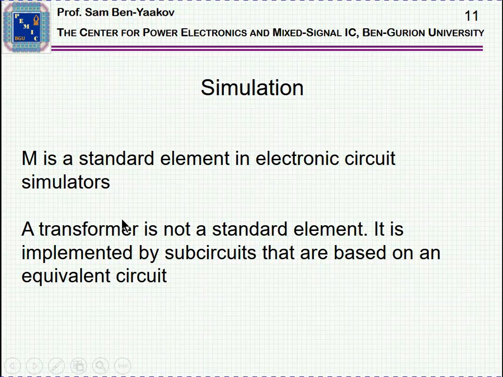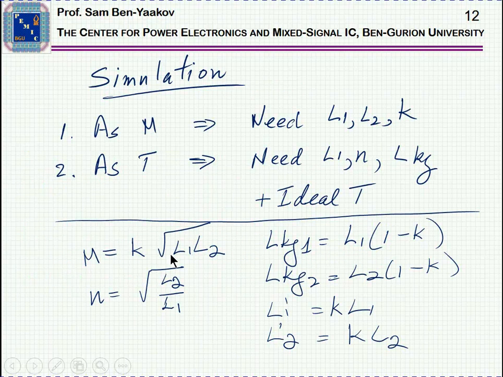A transformer has to be formed by a sub-circuit and an equivalent circuit, and it's not inherent in the simulator core. Now, sometimes the manufacturer will do it for you, but many times you do have to do it yourself. So, in simulation, we can use the mutual inductance, which is a basic part of the simulator, with no problem.